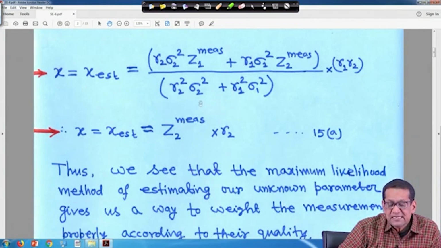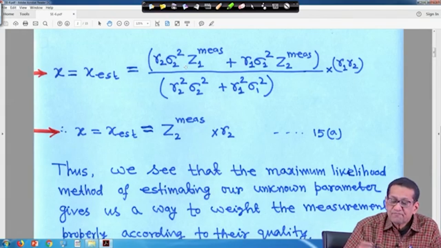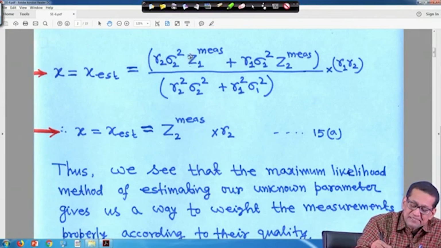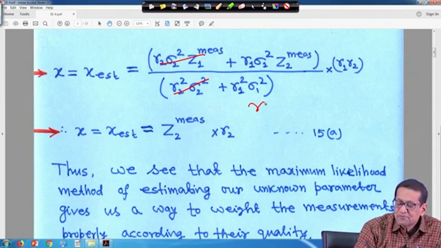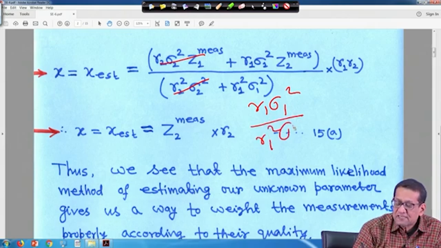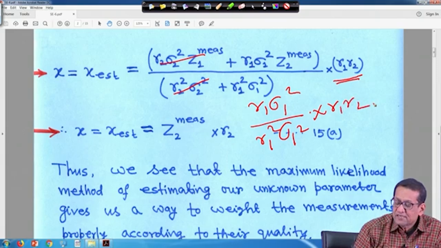So, if you neglect this term, just for our analysis, this term should not be there, then only this term remains. So, it will be r1 sigma1 square by r1 square sigma1 square into r1 r2, right.